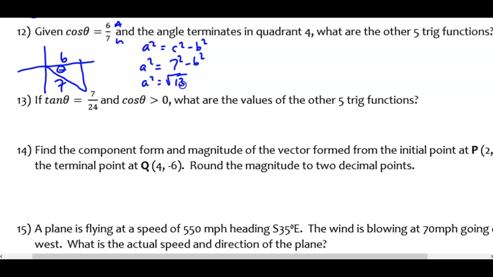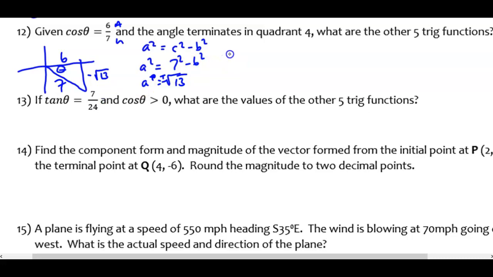So a equals the square root of 13. Now, I know what you're thinking: plus or minus. Why plus or minus? Well, we need the minus because this is a negative. It goes down. So sine is negative in the fourth quadrant.